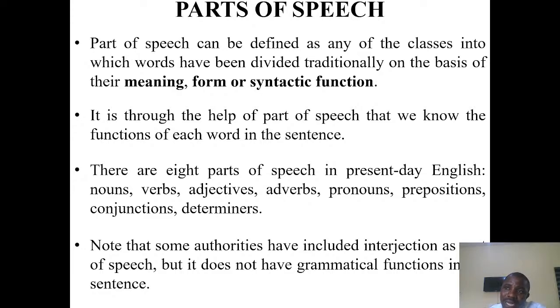They form themselves in the same category, and they have the same function. Look at meaning, form, or syntactic function.